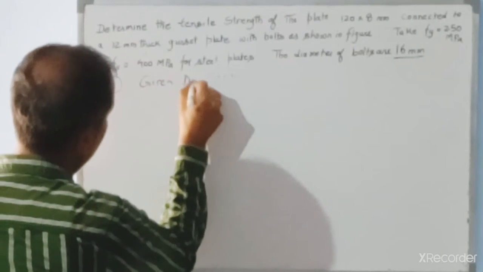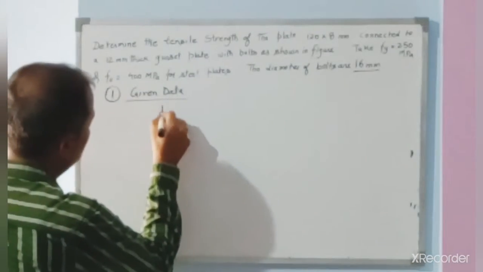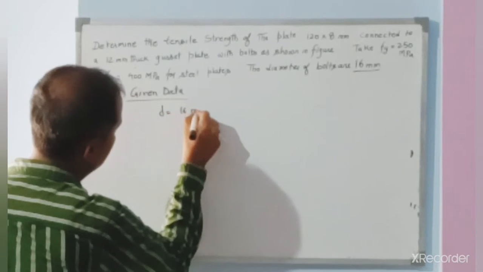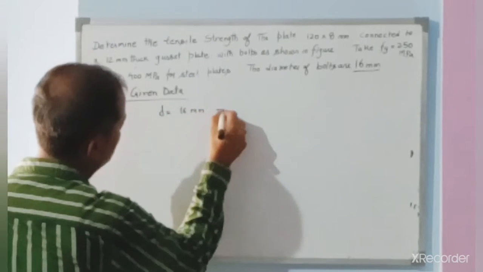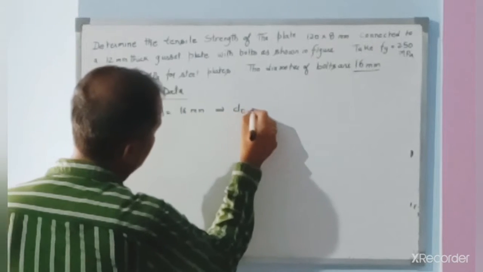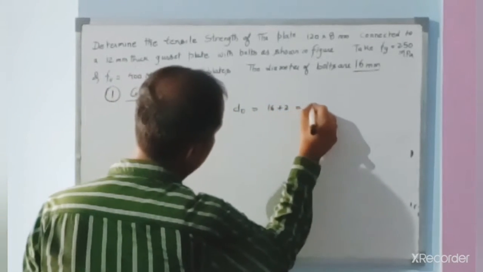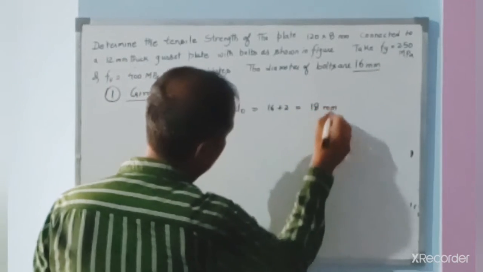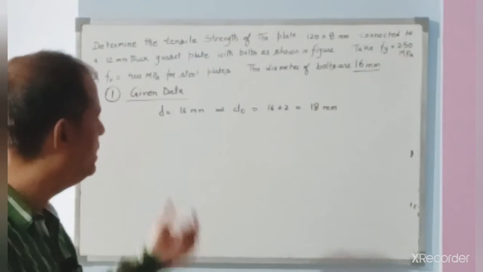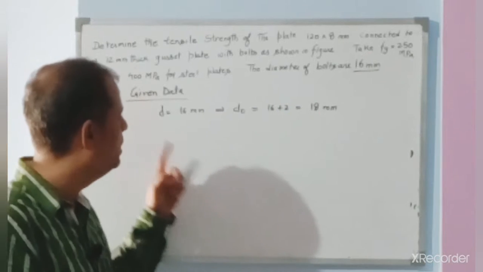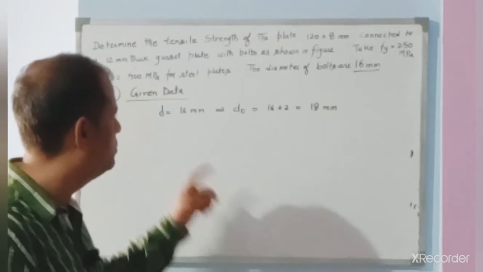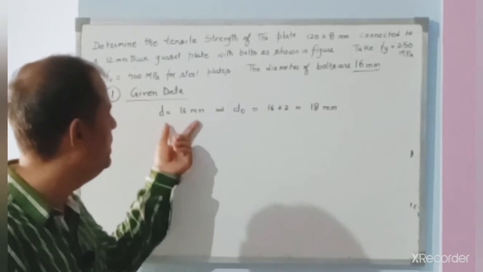As we have already seen, the diameter of the bolts used is 16 mm. So the diameter of the drilled hole would be 16 plus 2, that is 18 mm. We need a larger drilled hole to insert the bolt into the plates, so the diameter of the drilled hole will be 2 mm extra.